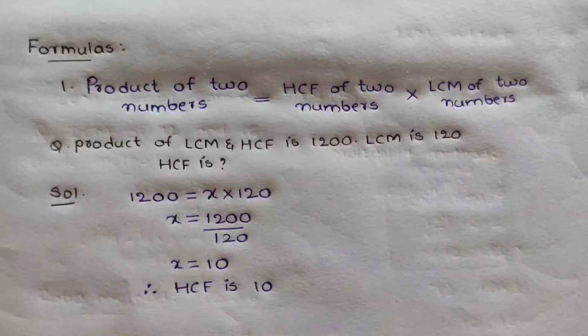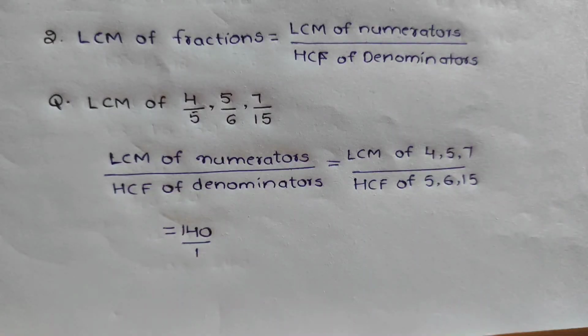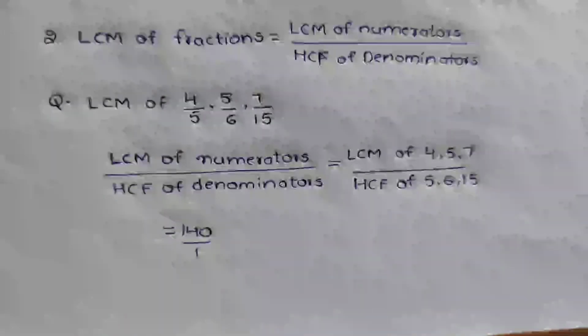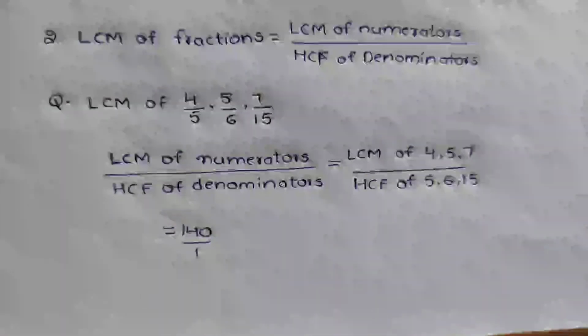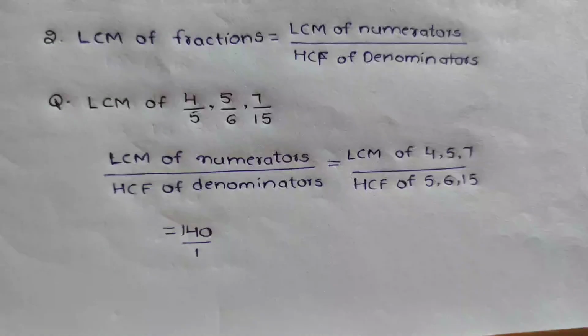Another formula that we can use while solving problems is the LCM of fractions. When the LCM of fractions is given, you can use this formula: LCM of numerators divided by HCF of denominators.